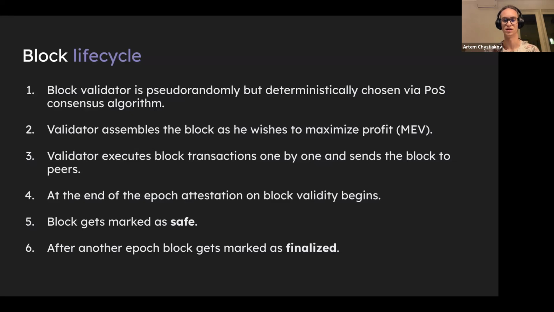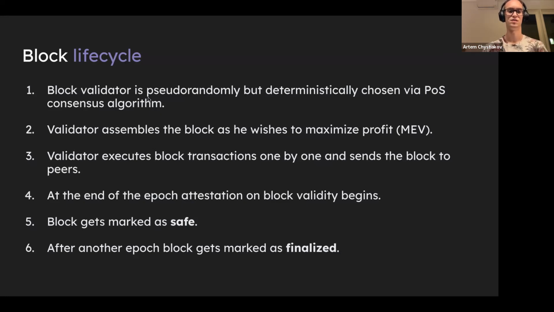So you can be 100% sure that the next block proposer will be this validator, but you can't be 100% sure that the next validator will be like this one, because every block and the validator provides a special random value which changes the outcome, which changes who will be the next validator.